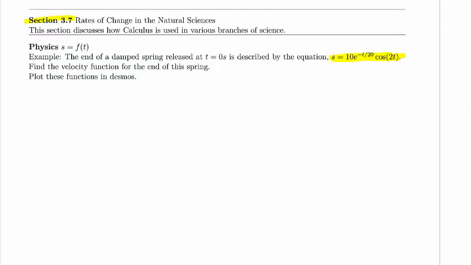So now let's get to following the next set of directions for this problem. We want to find the velocity function. So let's go ahead and restate our original equation here. All right, here's our equation, and now we want to find the velocity equation, and remember that the velocity equation is just the derivative of the position equation.